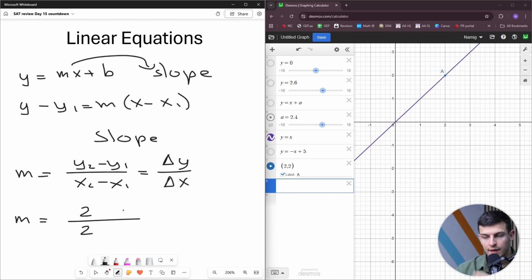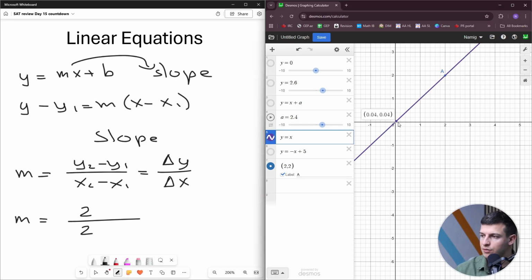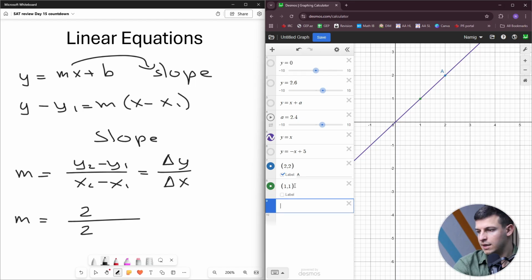Now, what about y1 and x1? Every time we're looking for a slope, we always need 2 points. Now you may say, how come you only picked 1 point? Well, the reason for that is this equation actually passes through the origin, so 0, 0 is kind of given. But to make it a bit more fun, I could take another point.